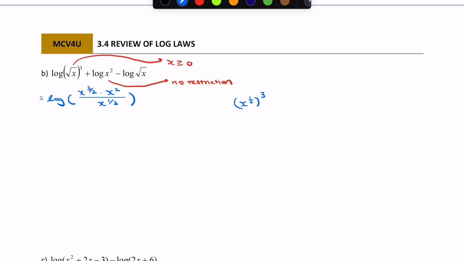So we just use exponent laws there. And so we can rewrite this as log x to the power of 7 over 2 divided by x to the power of 1 over 2.